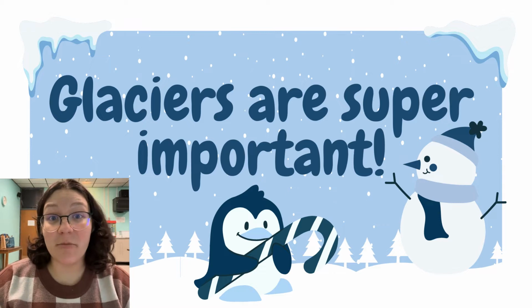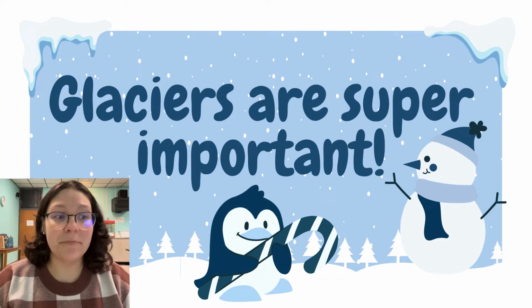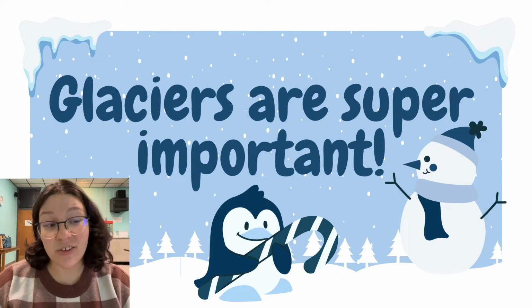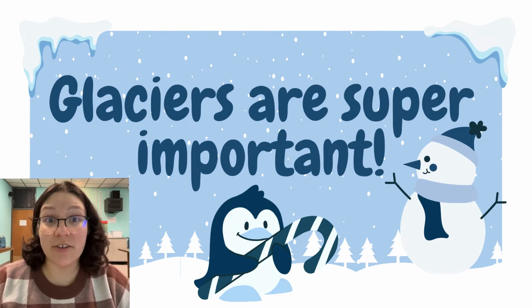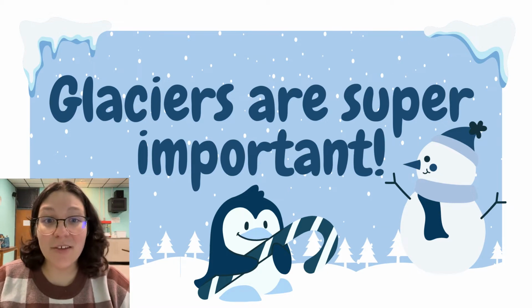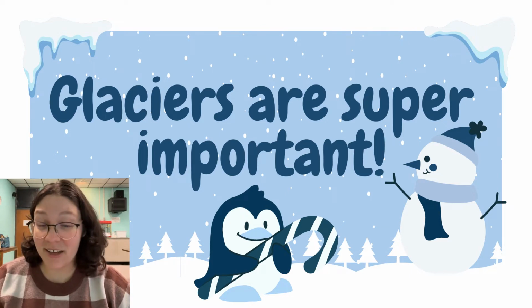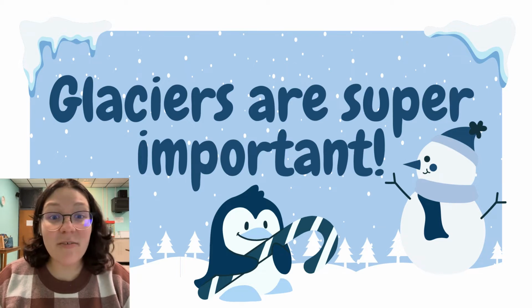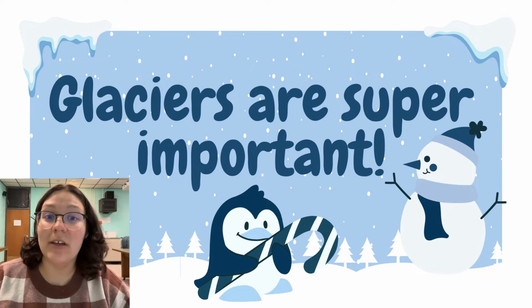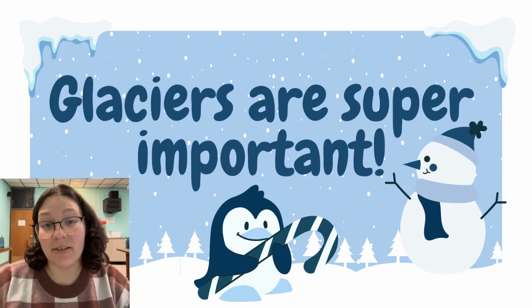And for the ecosystems that glaciers are in, they provide the water in the dry months when it doesn't rain or snow. And the cold water from glaciers also affects the water temperature farther downstream. Certain things, especially delicate insects, can't live in really warm water, so they rely on that super cold glacier water to bring down the temperature.